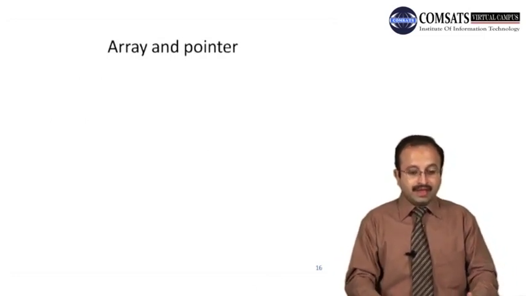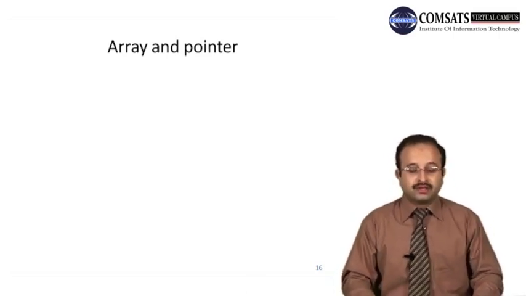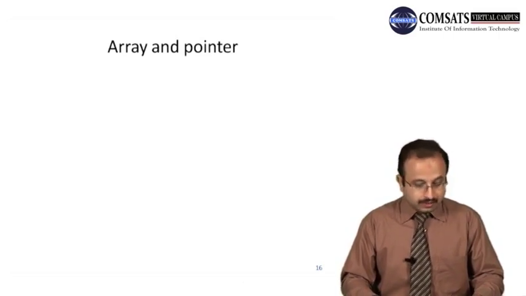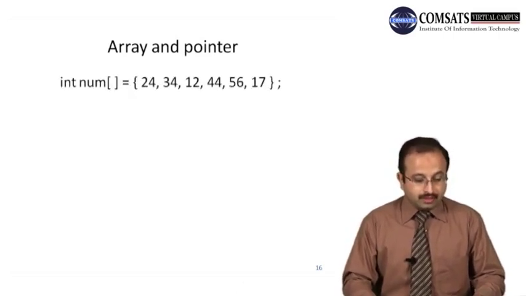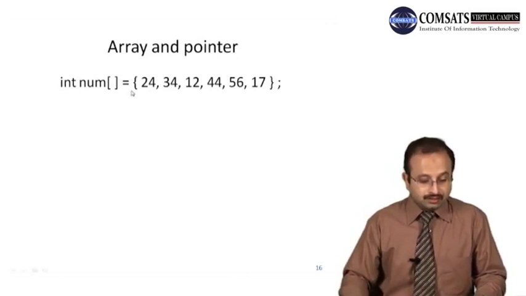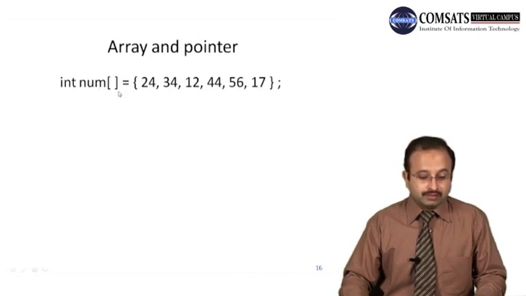Then array and pointer. So that is the real thing, we can say, real food for thinkers. So this is an array whose name is num, and the size of the array is 6 because we are initializing the num array with 6 values at declare time, so there is no need to specify the size.